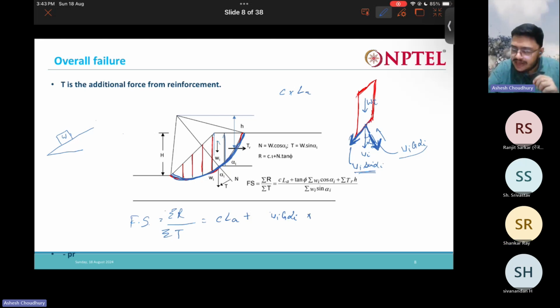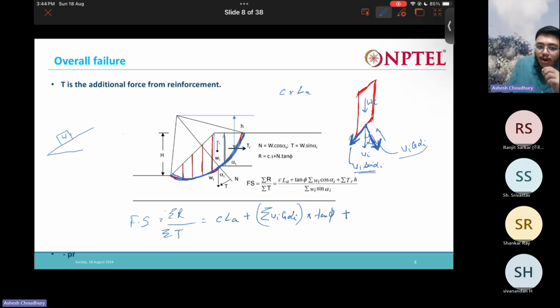Normal force times what? Friction angle. Friction angle is nothing but tan phi, we consider. Tan phi will give us the friction coefficient. So that's all. And we do summation of this because of all the wedges, so we sum it up.